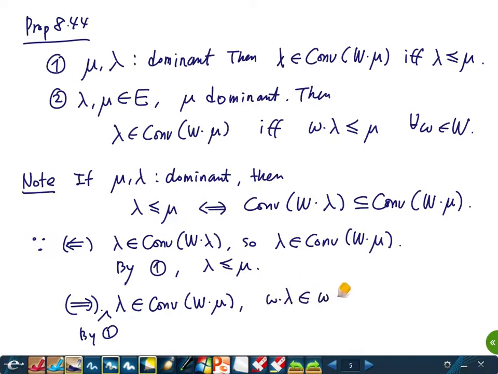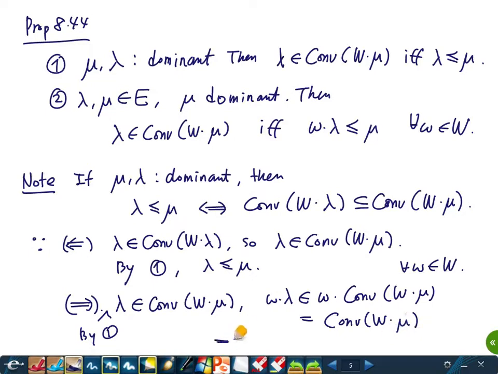This is W applied to the convex hull of this, but in fact, this is invariant under this action because everything is already here. So for every Phi group element W, if you apply W to lambda, it is still inside this convex hull. That's exactly what this is saying, because every element here is inside the convex hull.